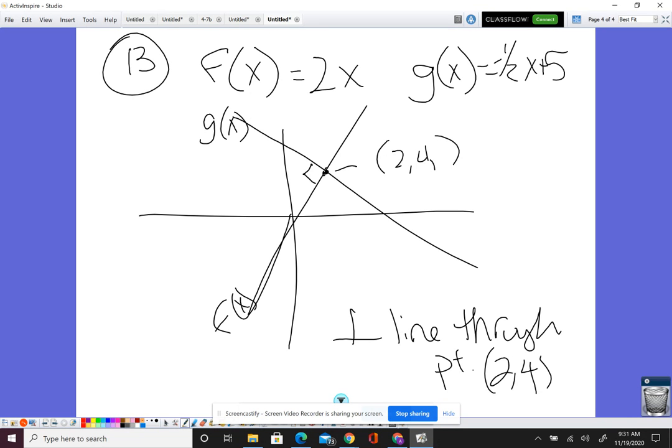If you were to say it's a line that is perpendicular to f of x but has a y-intercept of 5, that would be fine also.